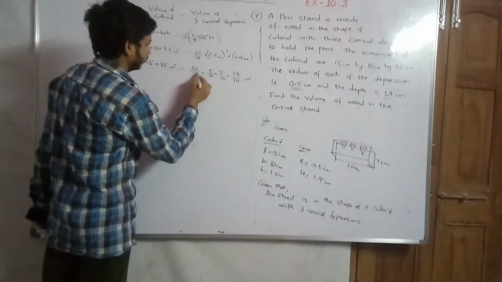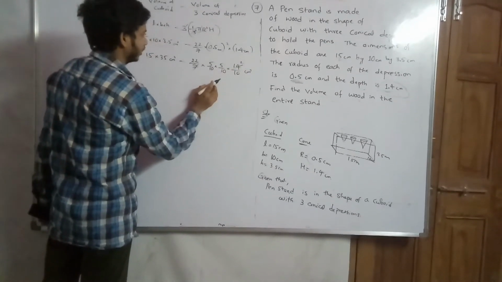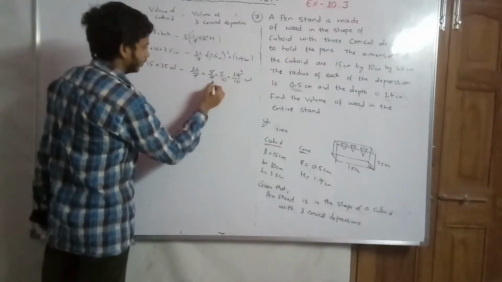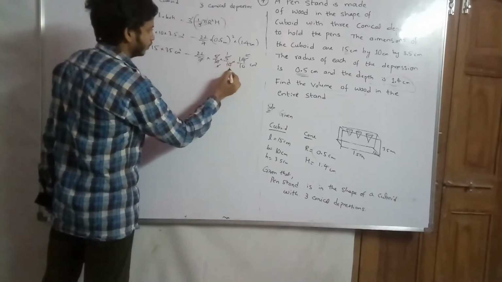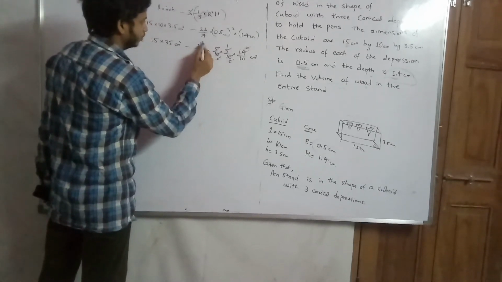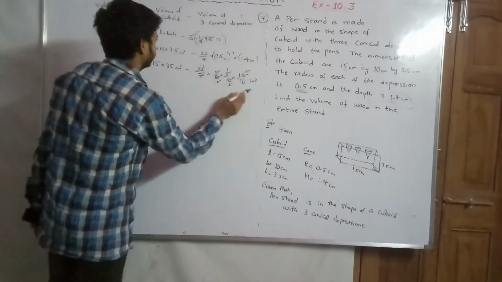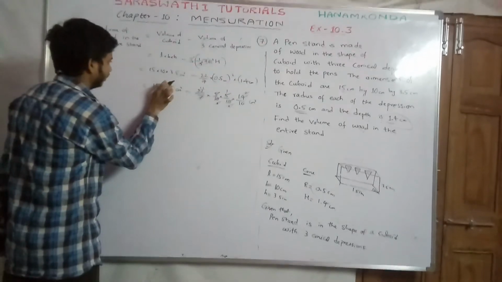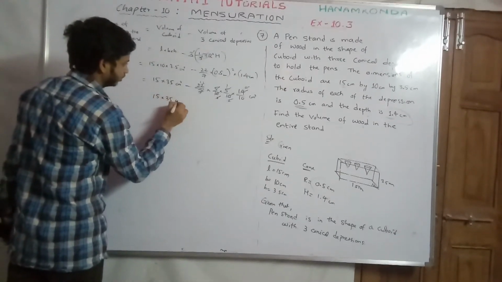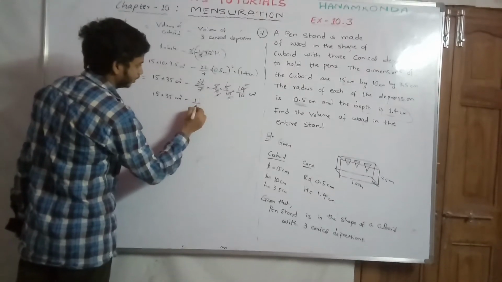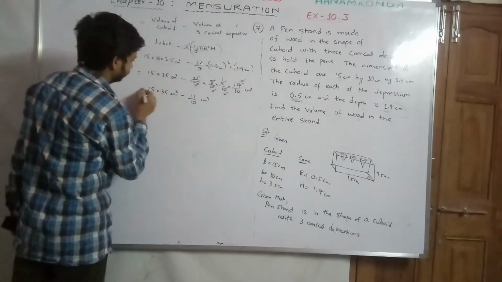Now 7 ones are 7, 7 twos are 14 gets cancelled. 5 twos are 10, 2 gets cancelled. 2 11s are 22. So 11 by 10 centimeters cube. So 15 into 35 centimeters cube minus 11 by 10 centimeters cube.